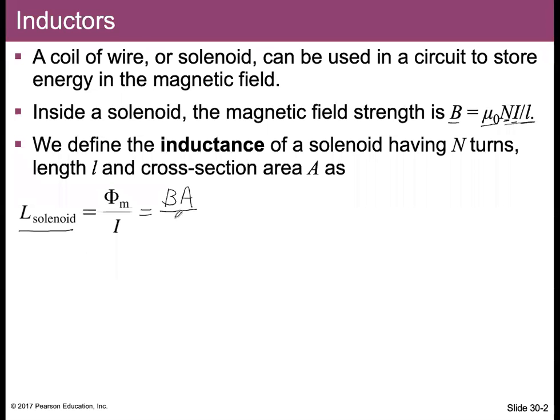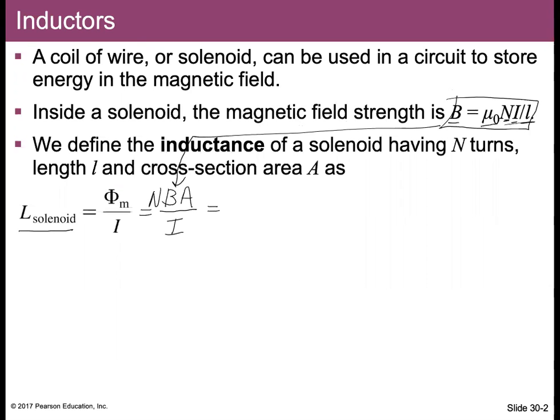So it's BA over I. Now that would be for just one loop, but we have N turns, so we multiply by N. So now we have N times B times A divided by I, and we're going to take our expression for the magnetic field strength inside a solenoid and put it in here.